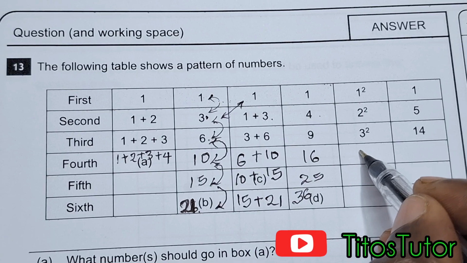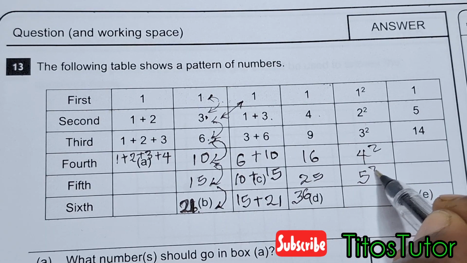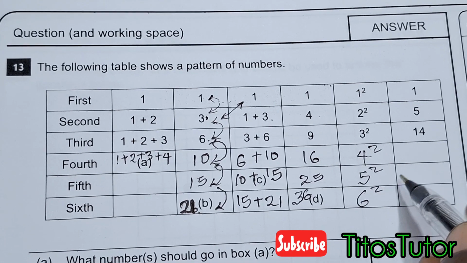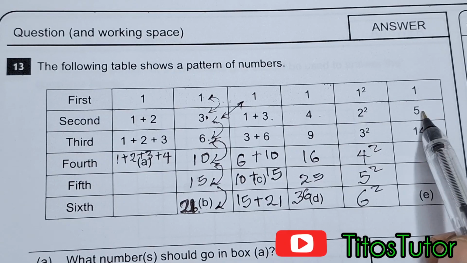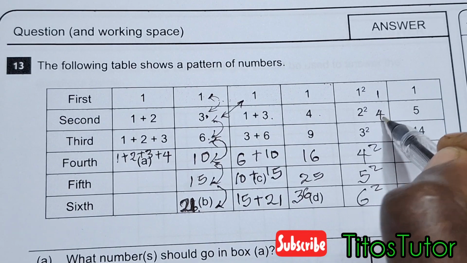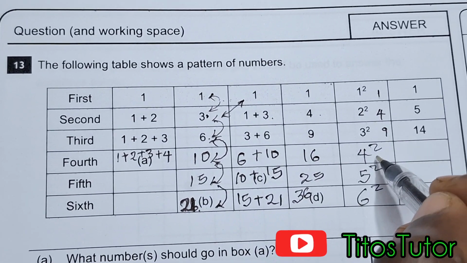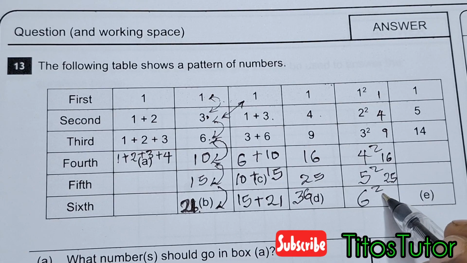This is 4 square, 5 square, 6 square. But 2 square is 4, not 5. So that means 1 was added. So if this is 1, this is 4, this is 9, this is 16, this is 25, this is 36.